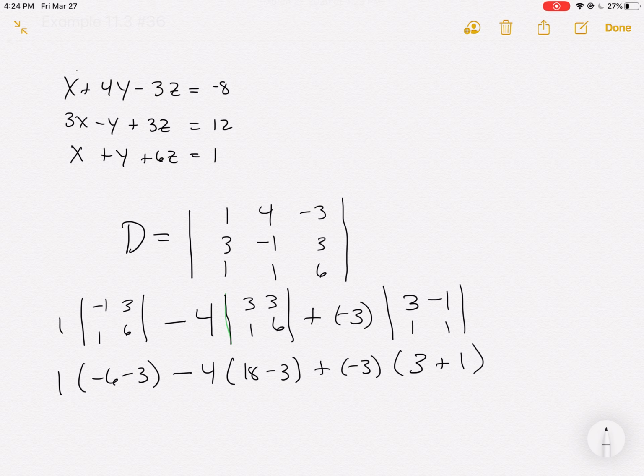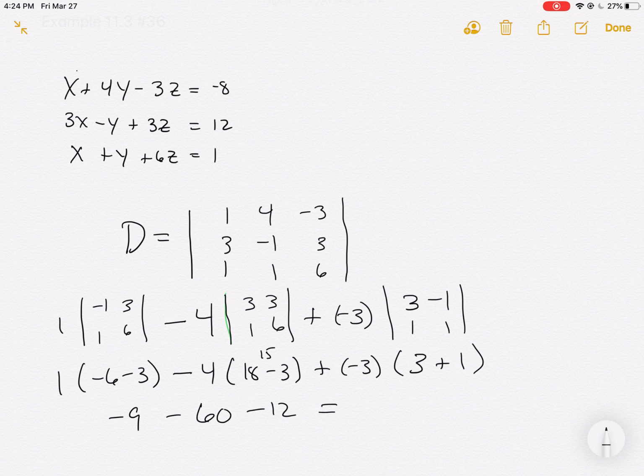And so what do we get out of this? We get a negative 9 minus, here we're going to get 18 minus 3 is 15. Negative 4 times 15 is 60. And then negative 3 times 4 is negative 12.